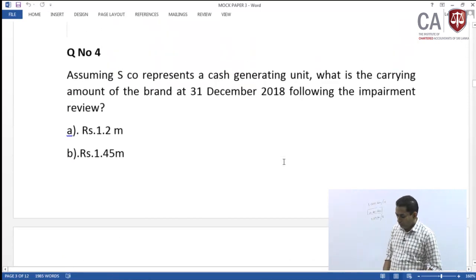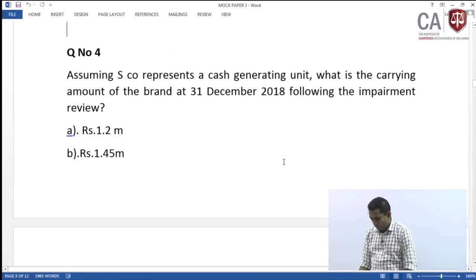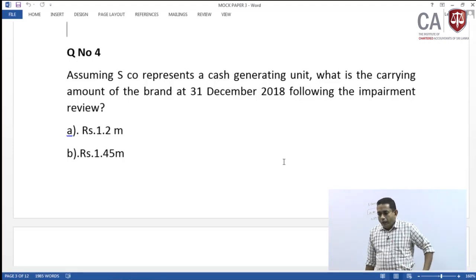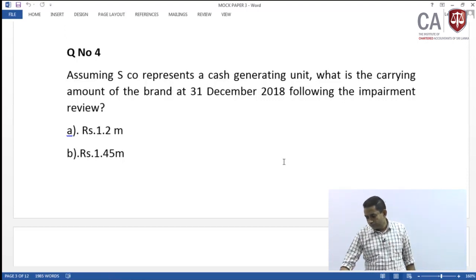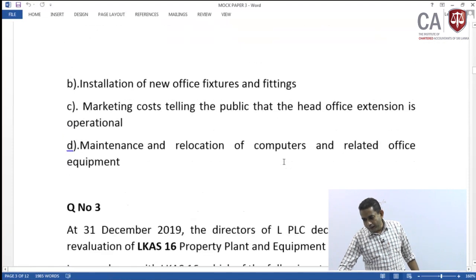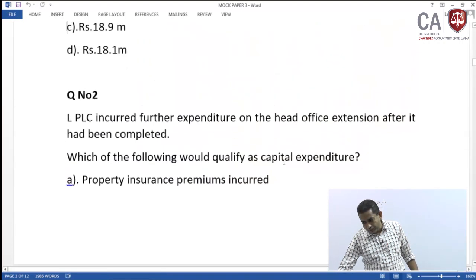Question number 4. Assuming the company represents a cash generating unit, what is the carrying amount of the brand at 31st December 18 following the impairment review? Now, let us get back to the scenario, the facts.